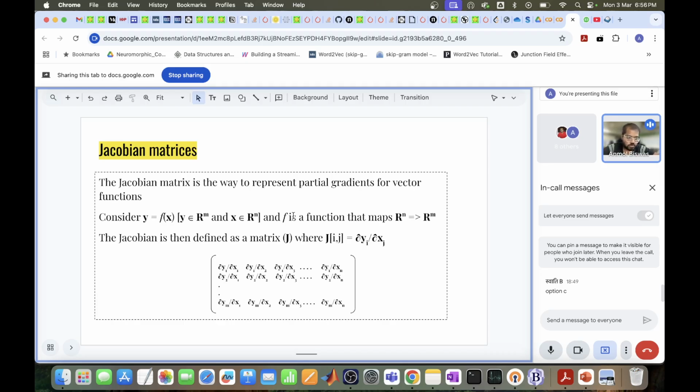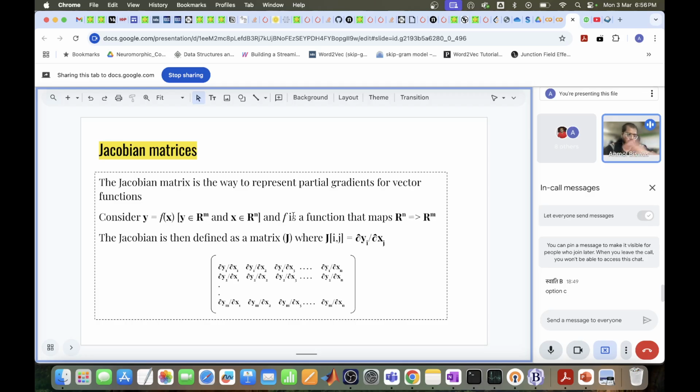And it turns out that when you have y equals W times x, this is nothing but a linear relationship, right? Because matrix vector products are linear transformations. So the Jacobian of this f of x, this linear transformation, is nothing but W. In fact, it is like W transpose, right?